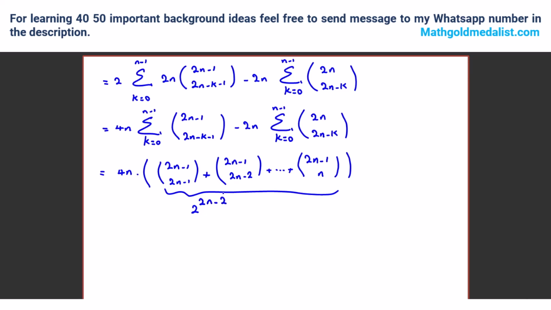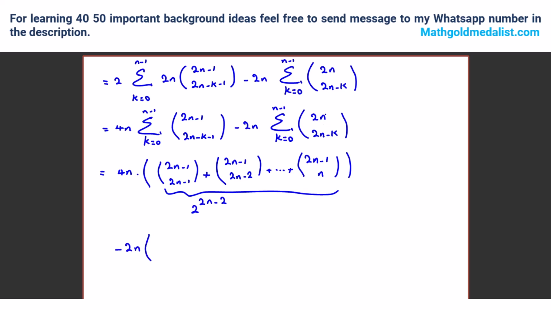Exactly. Because we have 2n minus 2n terms, here we have n of them, right? Half of them, and we know 2n minus 1 choose n is equal to 2n minus 1 choose n minus 1, right? Next part would be what?